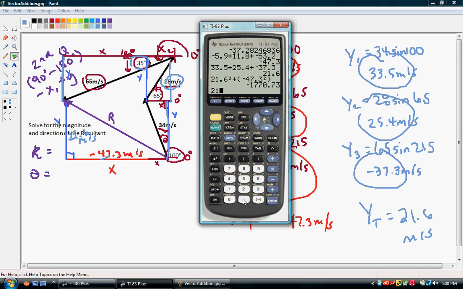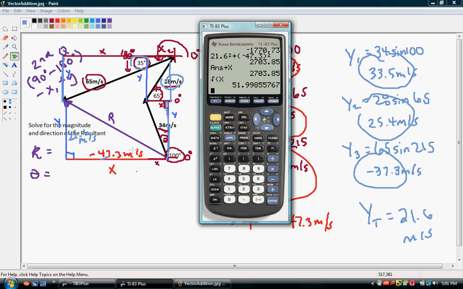Let's try that again. I think the squared should be on the outside. There we go. We can store our answer and take the square root of it so that we don't have to type it all over again.